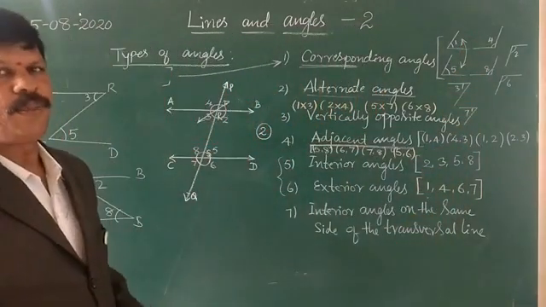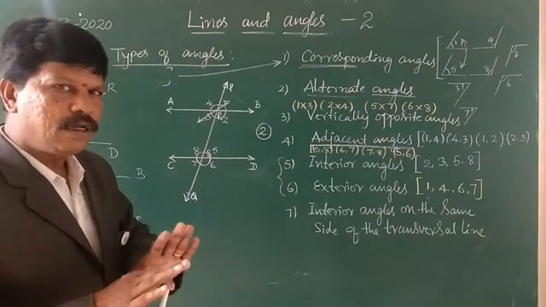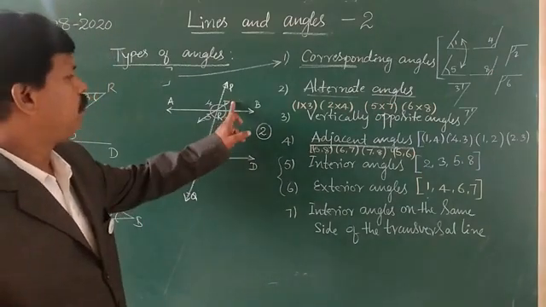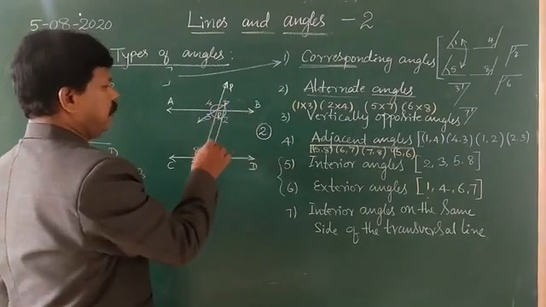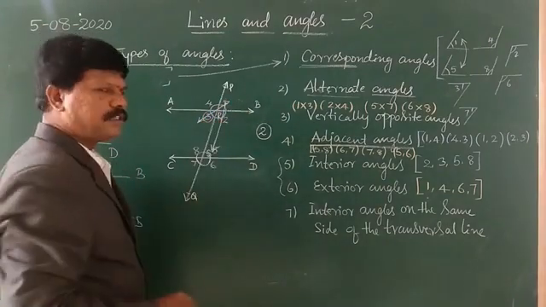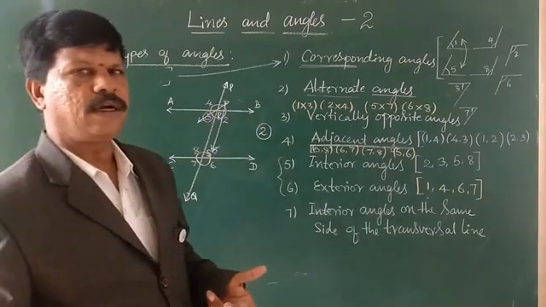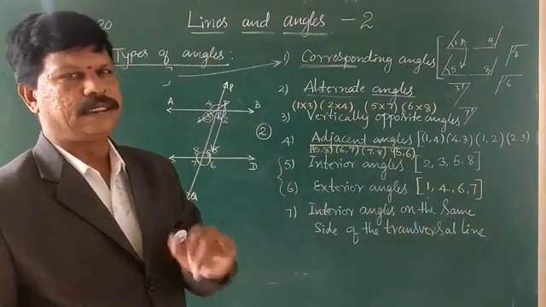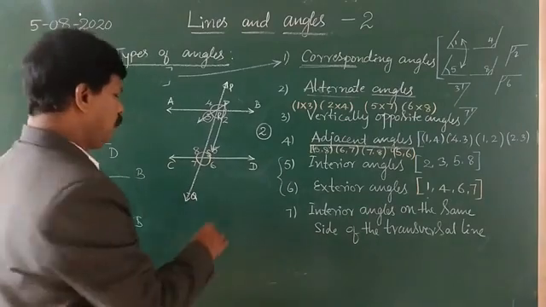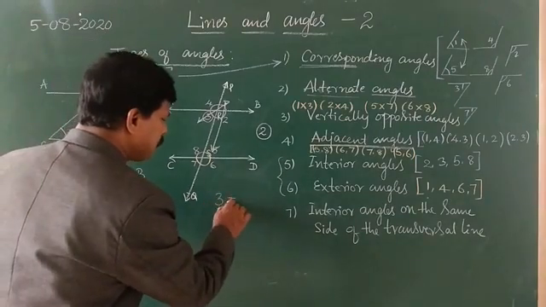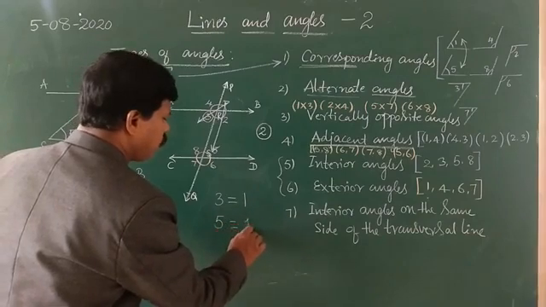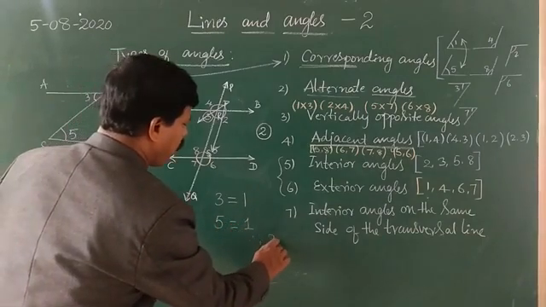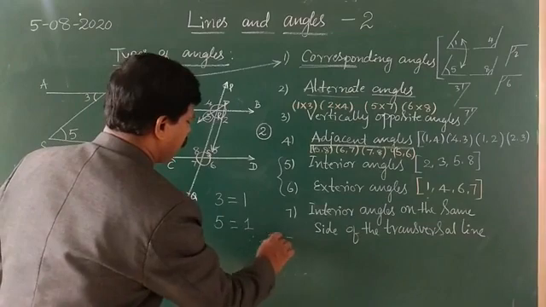Corresponding angles are the same. Therefore, things which are equal to the same thing are equal to one another. Clear? Therefore, here 3 is equal to 1 and 5 is also equal to 1. Therefore, 3 is equal to 5.